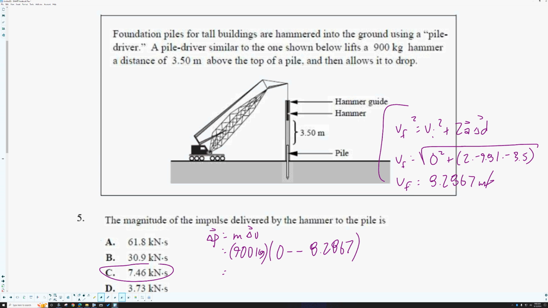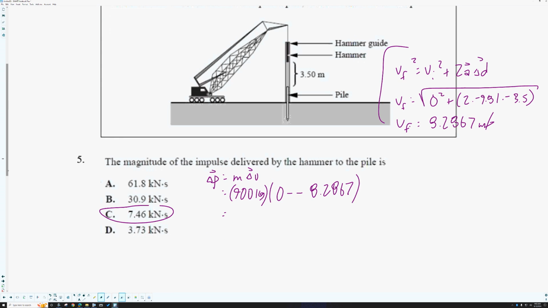Now, you probably could have gotten away with mixing up the initials and the finals, because in both cases, the fall and the collision, the other velocity was 0. But technically, that's what we're doing. You understand the difference between the initials and the finals there? Okay.